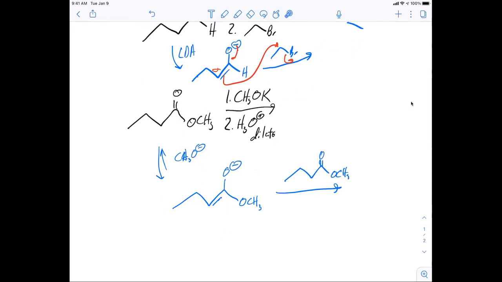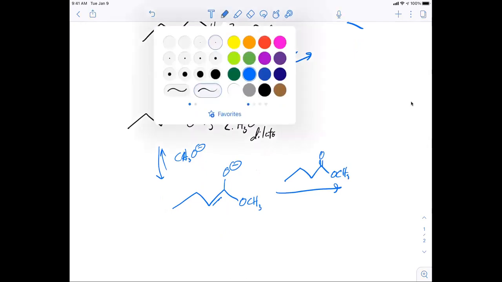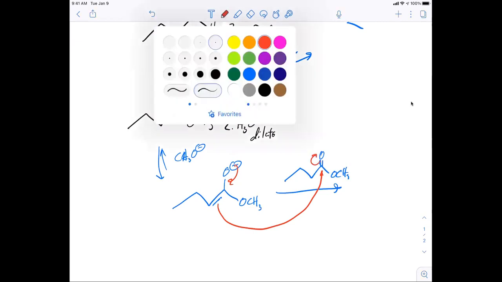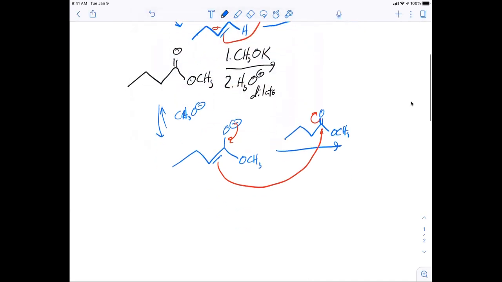So now I've got some of that ester to react with it. And so again, think about what's happening. The alpha carbon is attacking the electrophilic carbon. And I'm going to go down because we're not quite done yet.